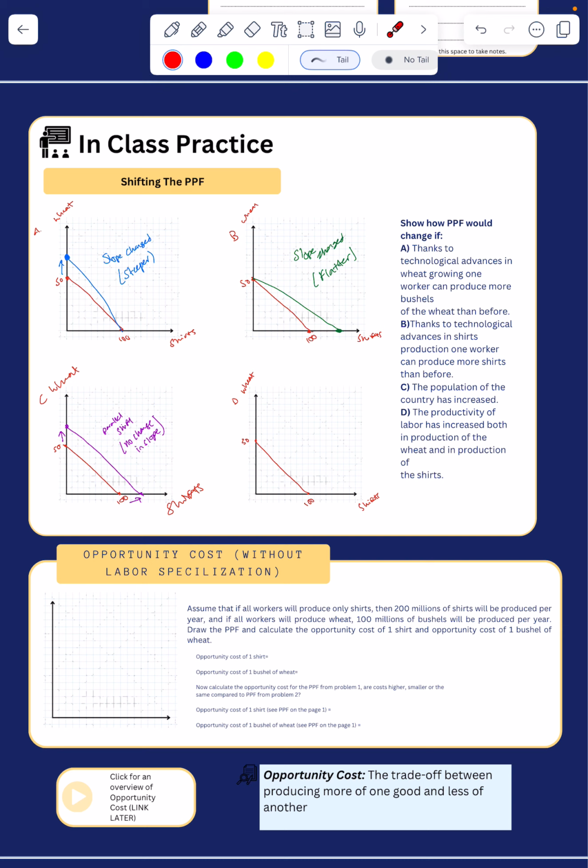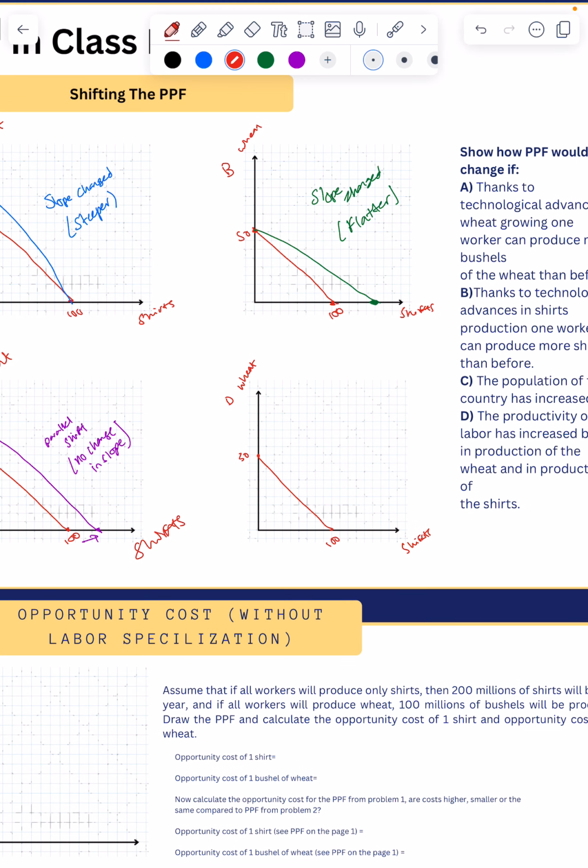But if there's an unequal change in productivity, and we'll say that there is a higher increase in shirt production, then we're going to have that flat slope. This will still increase, but this will increase more.